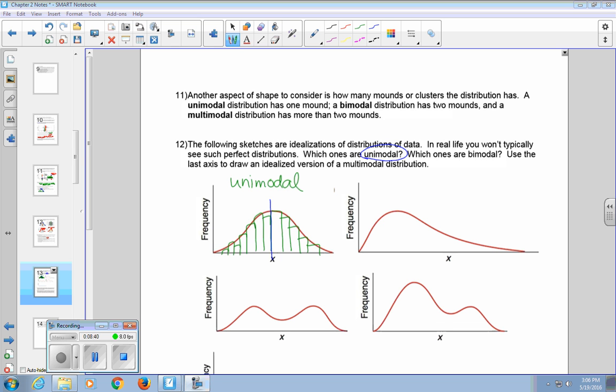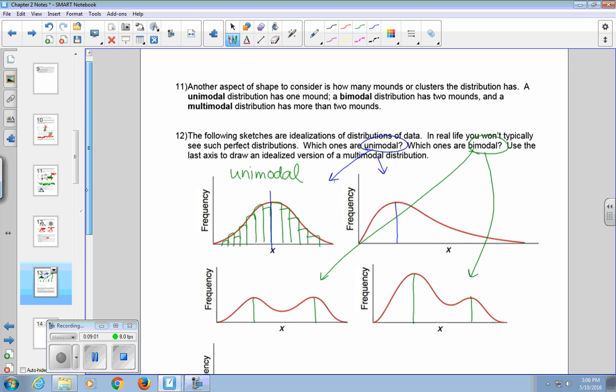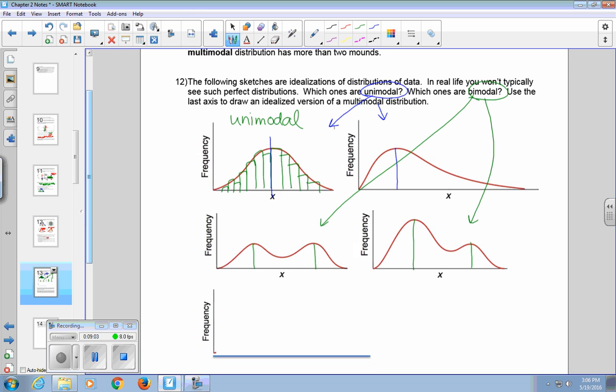Okay, so unimodal here and here. This one again also has just 1 peak. The next 2 are bimodal. So you've got bimodal down here and also here. Notice that these both have 2 peaks. Notice the peaks do not have to have the same height. So your modes don't have to be the same frequency.